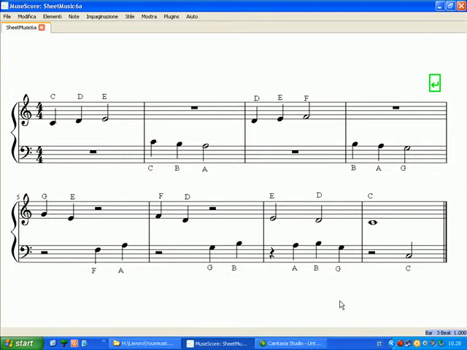C, B, A, B, A, G, F, A, G, B, A, B, G, C. Very well. So it's quite easy, I think.